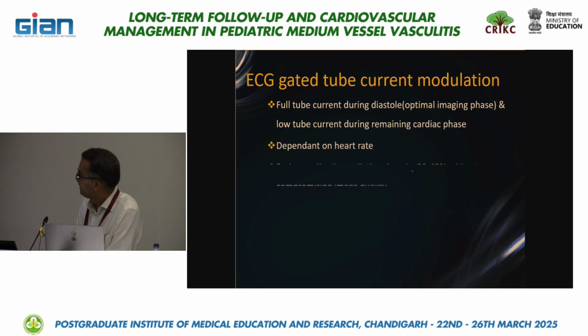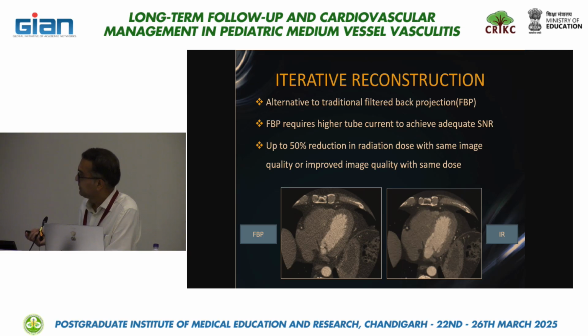So it effectively reduces the radiation by 20 to 48% without compromising the image quality, as does the reconstruction method, which is already incorporated in the software-based systems. And nowadays these systems use only iterative reconstruction methods, because the earlier ones used higher tube current, which accounts for the higher radiation exposure.